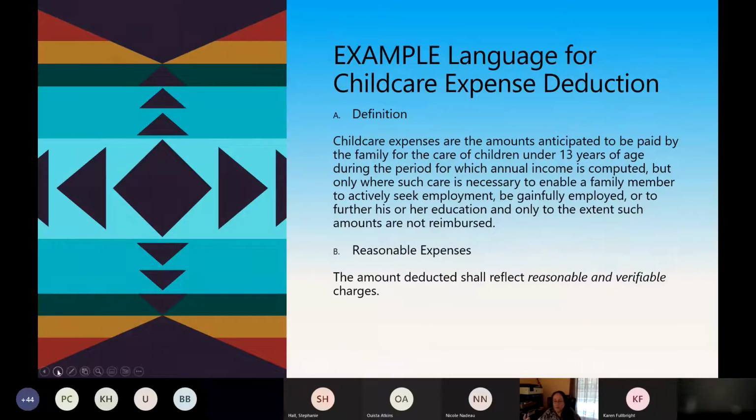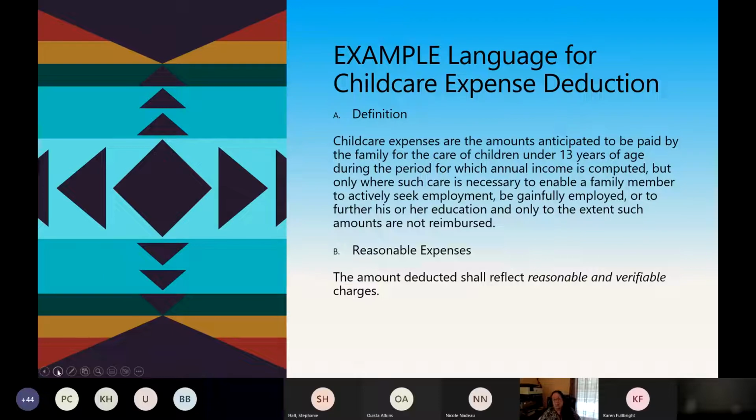Example language: Childcare expenses are the amounts anticipated to be paid by the family for care of children under the age of 13 years of age during the period for which annual income is computed, but only where such care is necessary to enable a family member to actively seek employment, be gainfully employed, further his or her education, and only to the extent such amounts are not reimbursed.